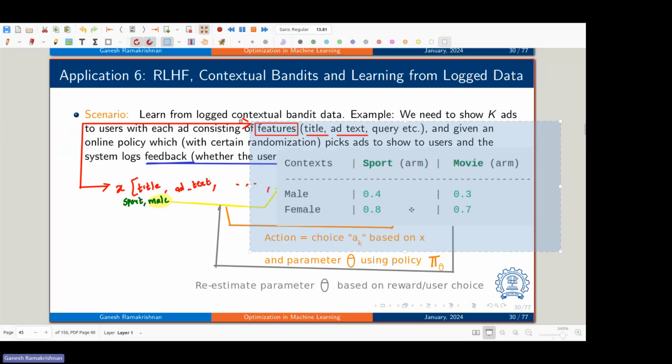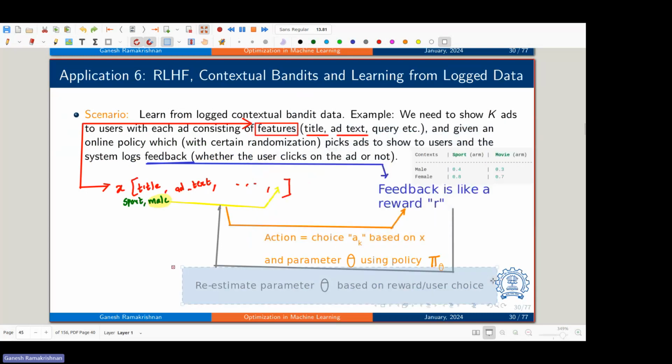But in general, females give higher rewards as per this data. For movies, also they give 0.7. So relatively, they give higher weightage to both sports and movies, but within those, they prefer sports more. And males give low weightage, but relatively higher again for the sports arm. So this is what we call reward. This is feedback.